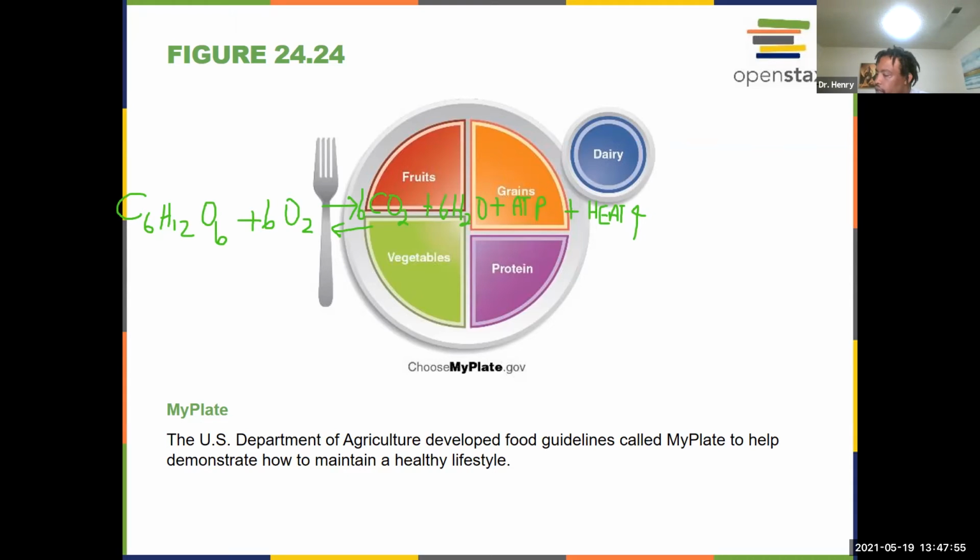There's something else I want to say about that. If we think of our vitamins, we have fat-soluble vitamins and we have water-soluble vitamins. The fat-soluble ones are the ones that are hydrophobic.